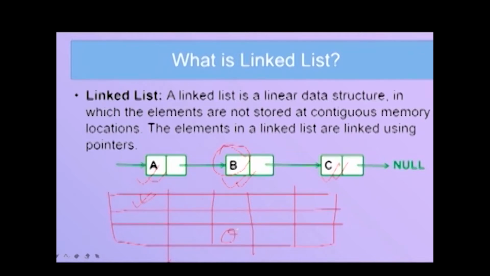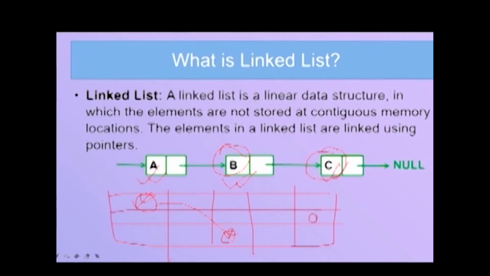Then we link these locations with these locations. Then we again create this node, which can be created anywhere. Then we link this memory with this memory. In this way a linked list is created.